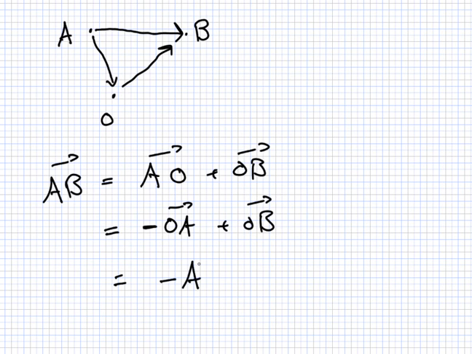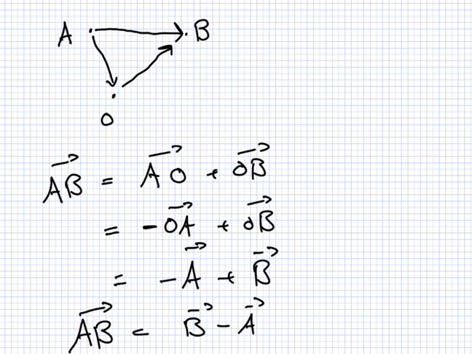So this is minus A plus B, or in other words, B minus A. So this is a very, very useful little rule, and a very simple rule when we're dealing with position vectors. We can say the vector AB, which is not a position vector because it doesn't start at O, can be written as 2 position vectors, B minus A.